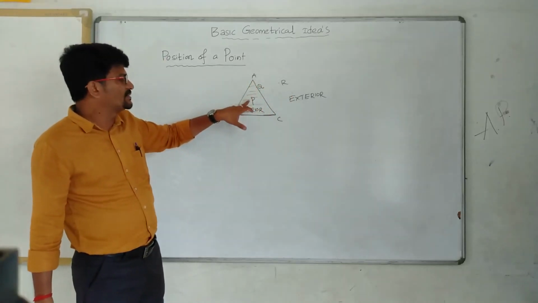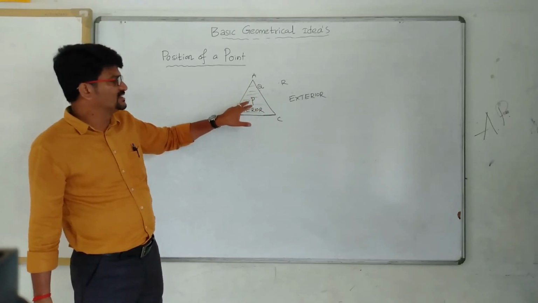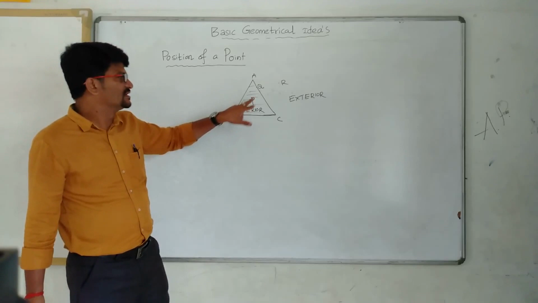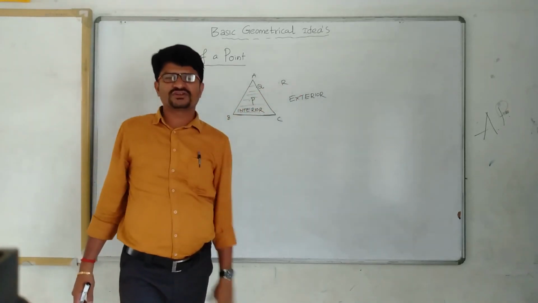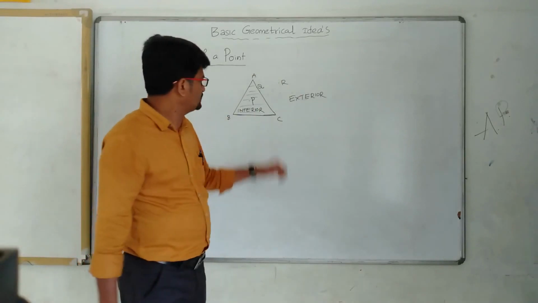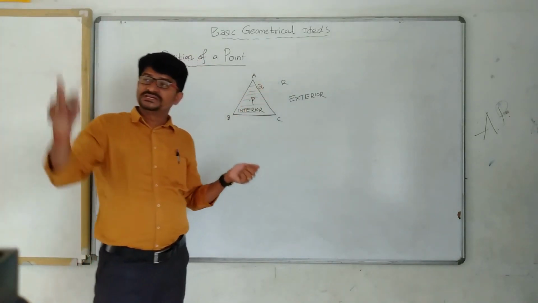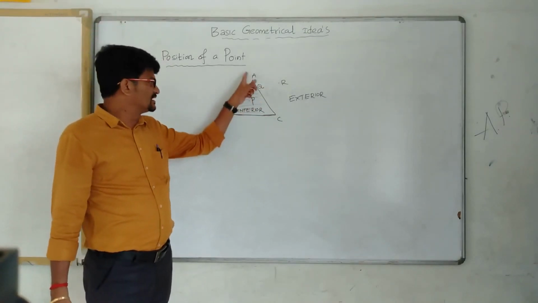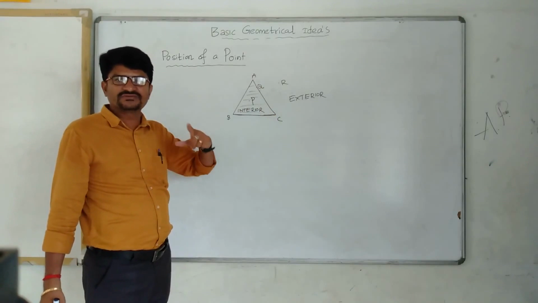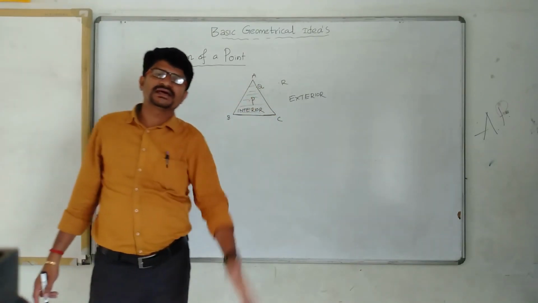So P is the interior of the triangle ABC, and R is the exterior of the triangle ABC. And what can you say about Q? Q is the point on side AC. AC is one part of the triangle. That is why you can say that Q is a point on the triangle.